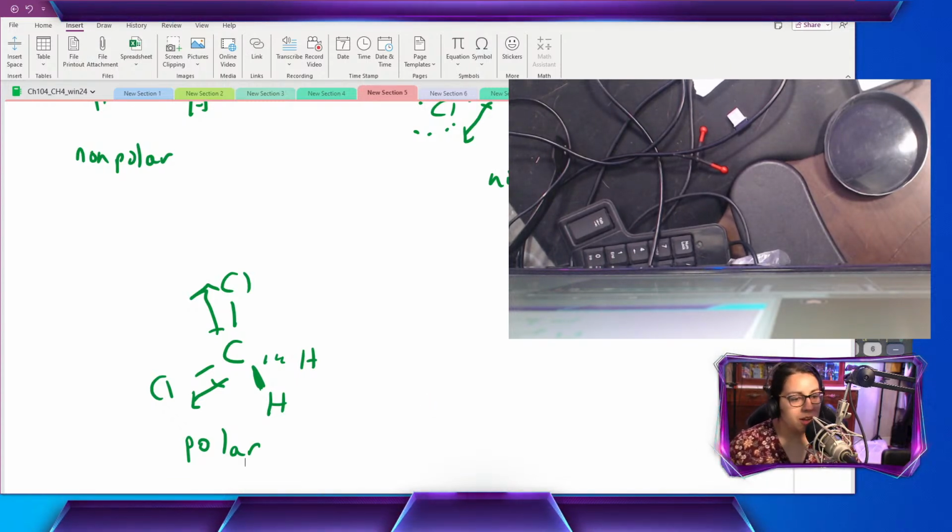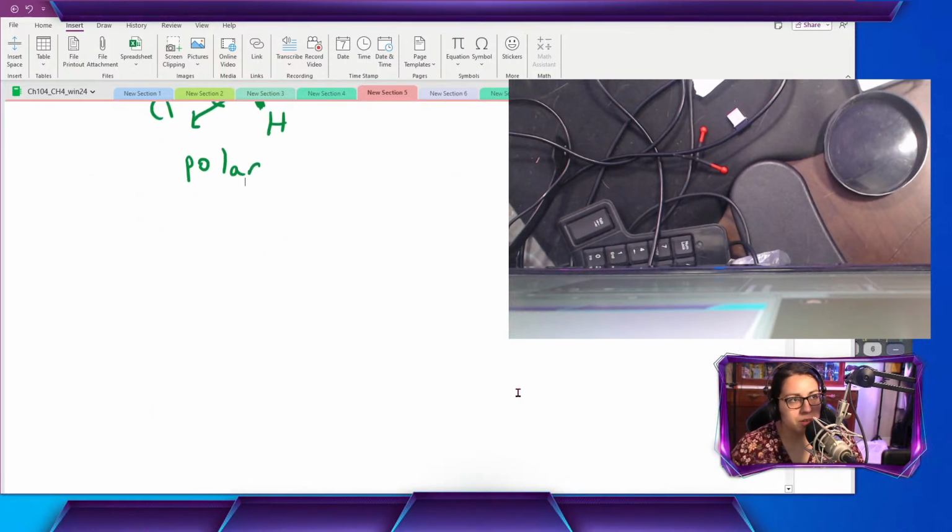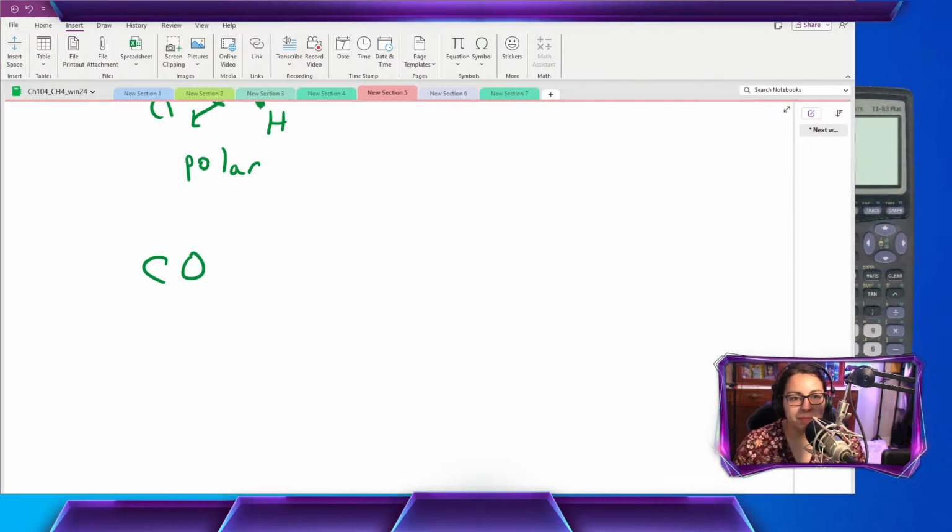All right, let's try a little tricky one. This is almost a warm up too. So see if you can draw out your structure for CO. Like we were doing earlier, how many bonds does it have? And then see if you can explore the formal charges, because this is kind of interesting.